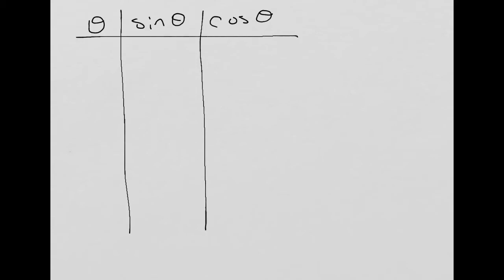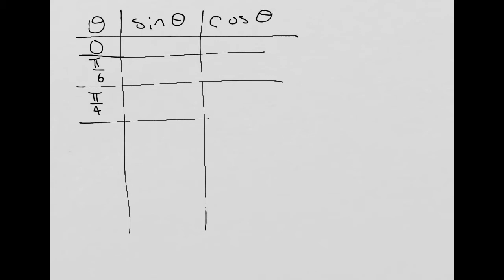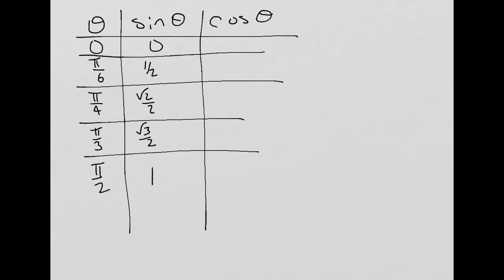And the reference angles that have nice values that we used before, 0, pi over 6, pi over 4, pi over 3, and pi over 2. And we had 0, 1/2, root 2 over 2, root 3 over 2, and 1. And then just the opposite for the cosine, 1, root 3 over 2, root 2 over 2, 1/2, and 0.